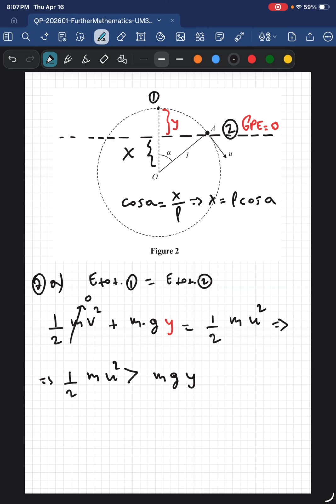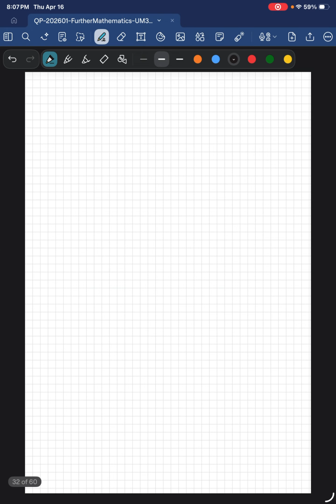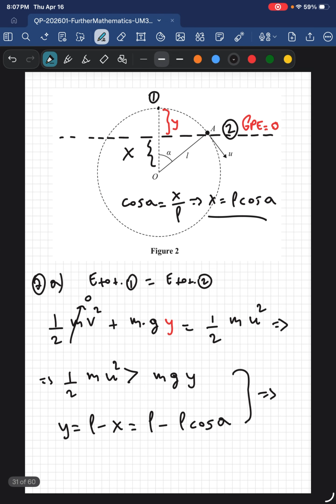Okay, but now what is y? Y is L, the length of the rod, minus x. What is x? From the trig we did earlier, x is L cosine alpha. Okay, so let's combine these two and use a clean page to find that, by the way, the m cancels.